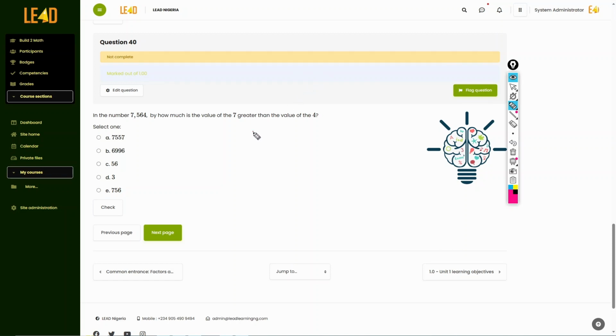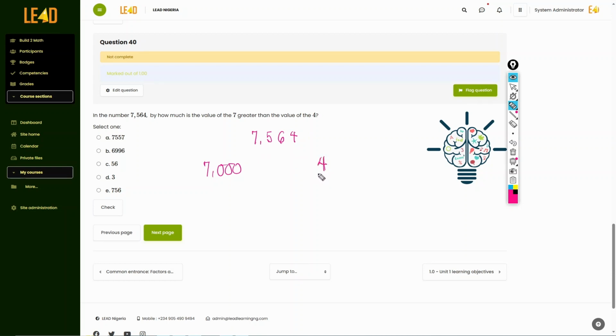So if I have 7564, to find the value of 7, I will turn everything else to 0. So it's going to be just 7,000. And then to find the value of 4, if I turn everything else to 0, I just have 4.